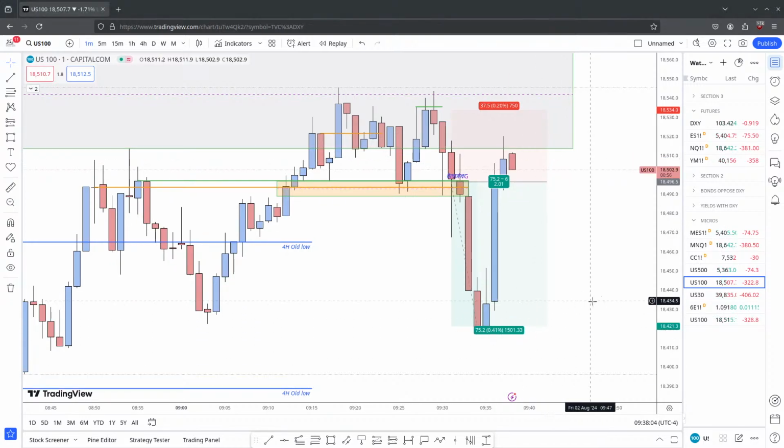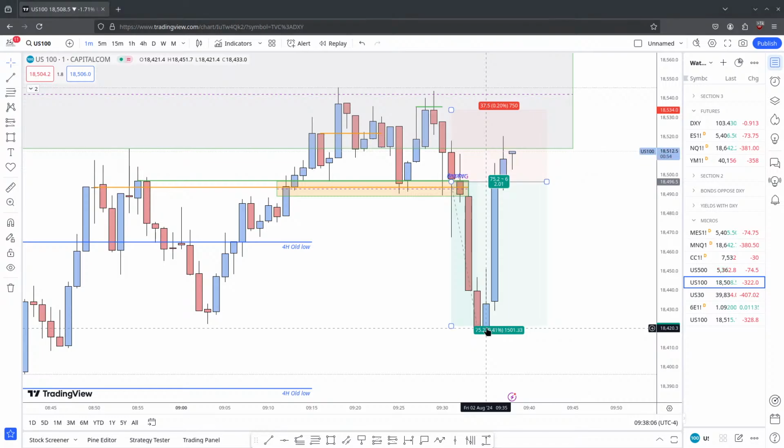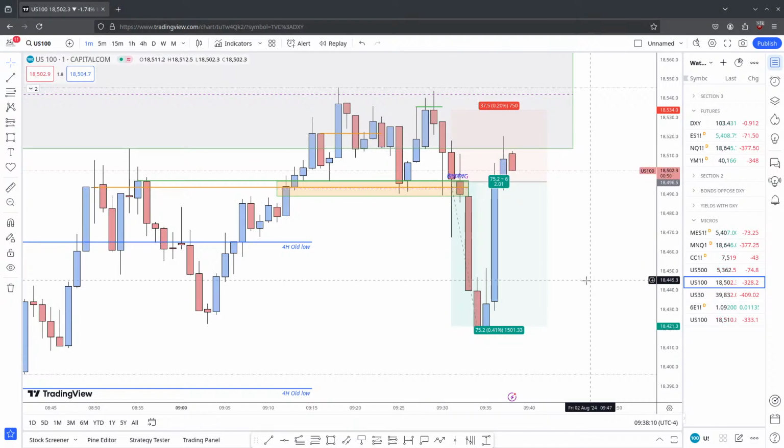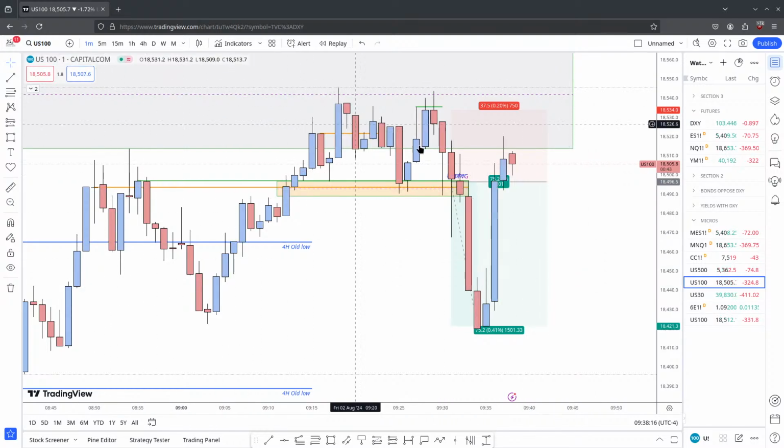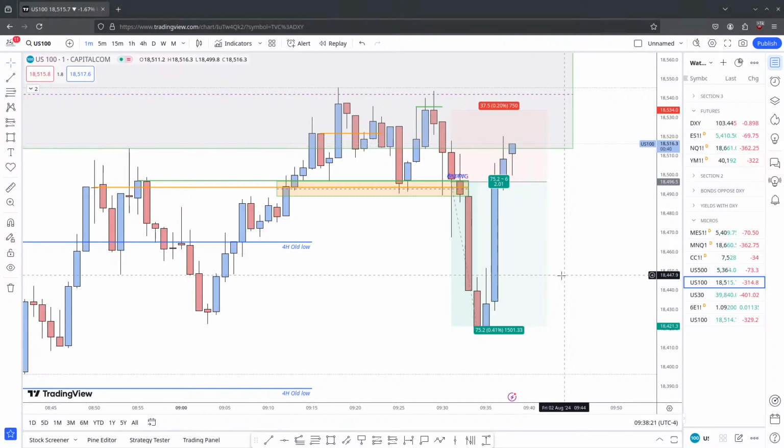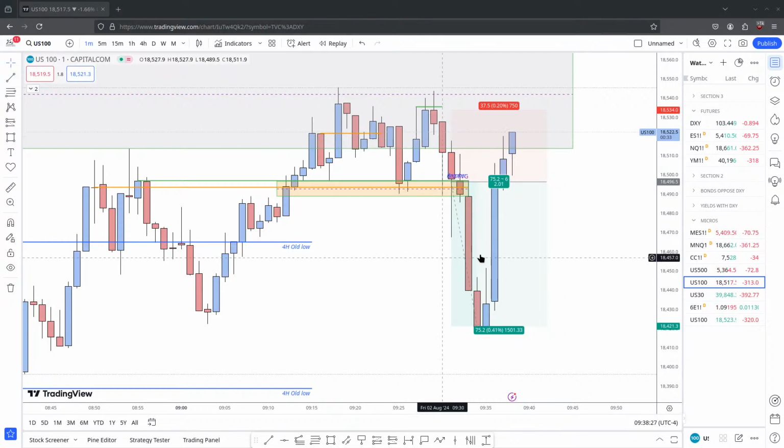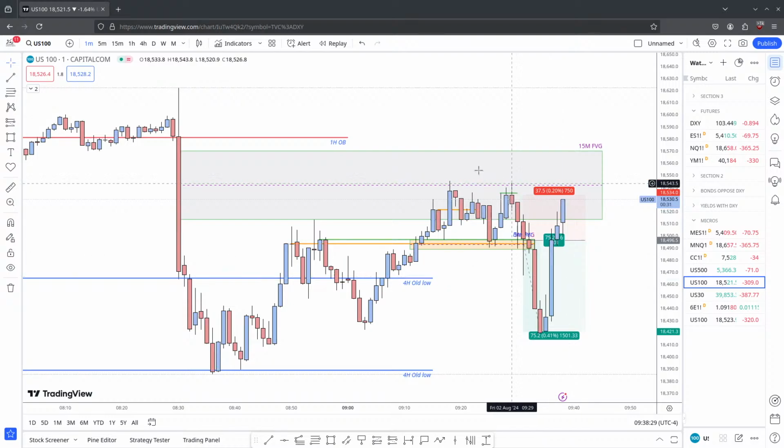Yeah, it might not be 20 handles, but it probably is 20 handles. Could be a little bit less, but very close, because NAS or US 100 moves a lot more than US 500 or ES. They're sitting sideways now here.